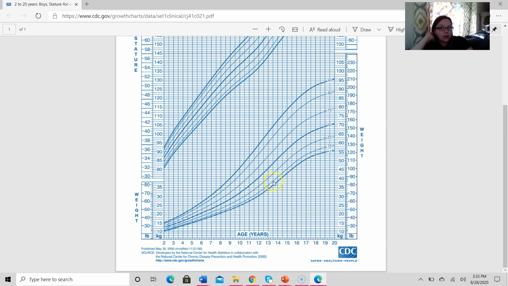So if I've got a kiddo that's plotted on the 5th percentile, and he stayed there, he stayed there, he stayed there, and then suddenly we have a drop, that's a problem. What we see more likely because of the obesity epidemic is the weights are more up here by 95th and above percentile.